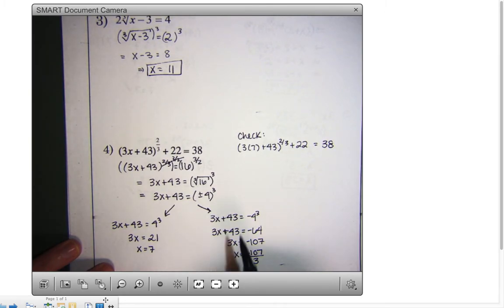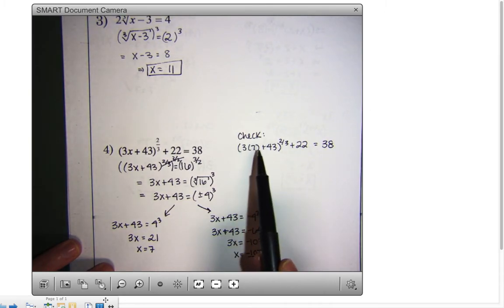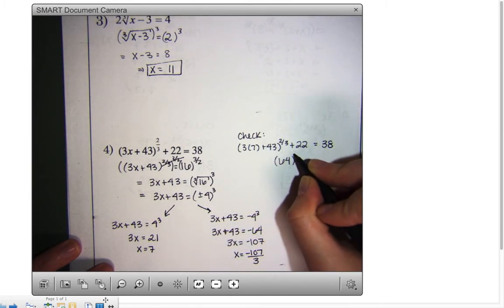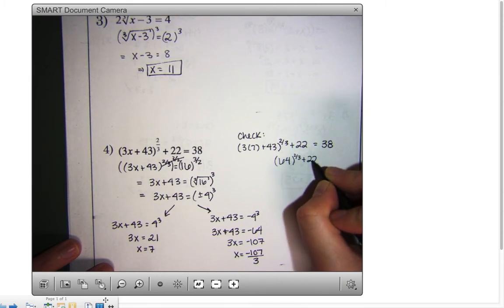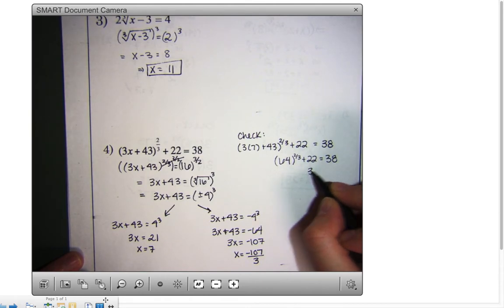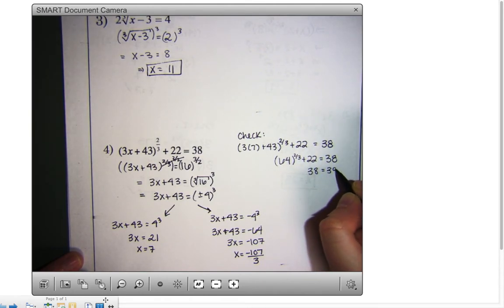So start inside your parentheses. 21 + 43 is going to get me 64 to the 2/3. We take the cube root of 64 and square that. So the cube root of 64 is 4. 4 squared is 16. 16 + 22 is 38. So we're good.